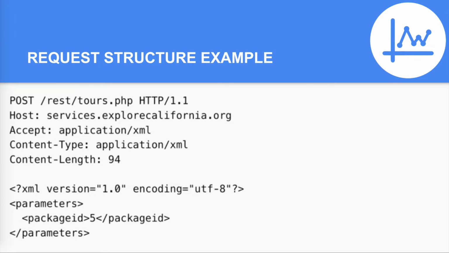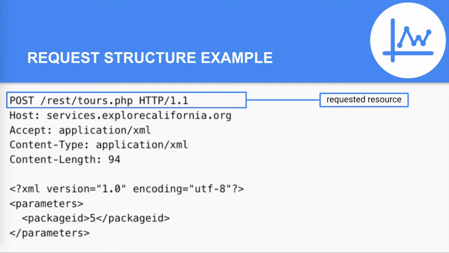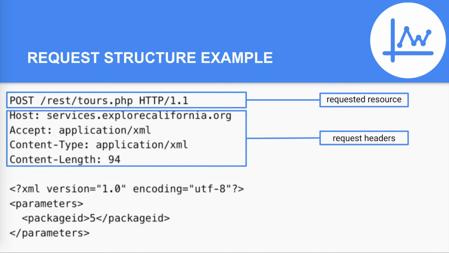The first line of the request contains data about the requested resource and is composed of the HTTP method, resource path, and HTTP protocol version. Next lines until a line break are request headers.